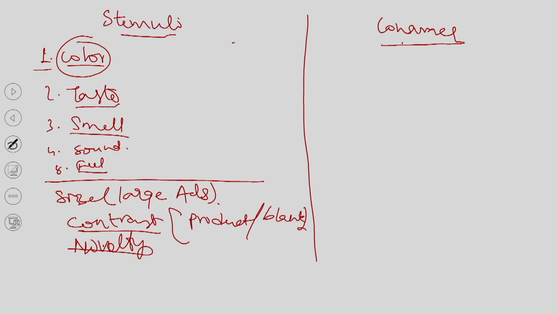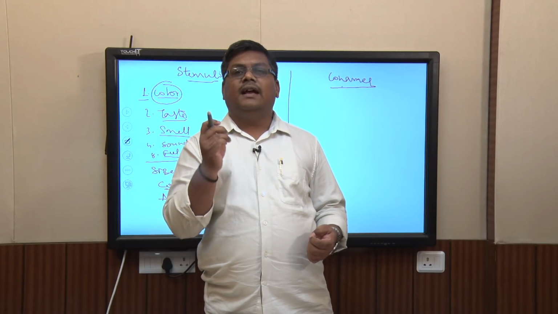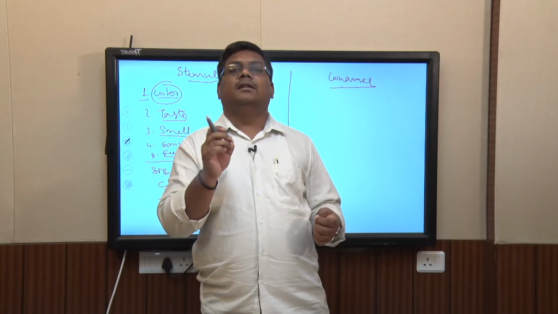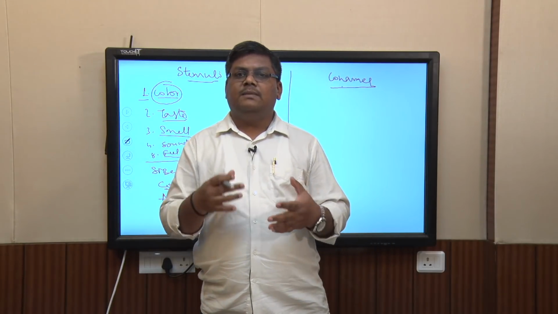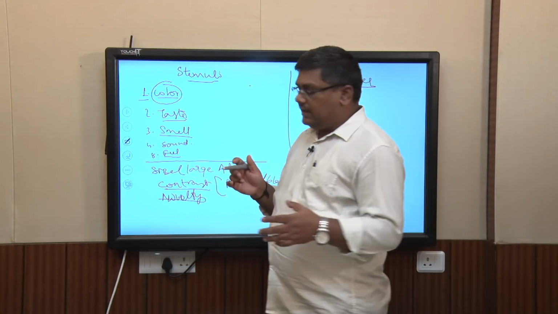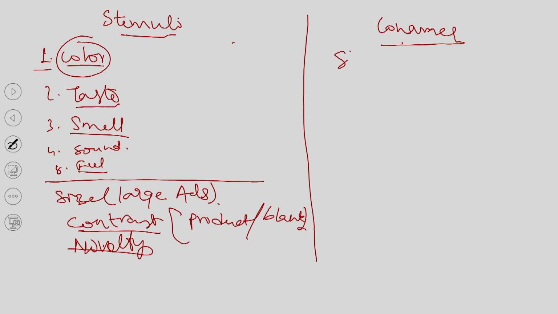Now, there are some consumer related features also, which decide how the consumer goes about deciding, or basically how the consumer behaves in the marketplace. These features are broadly classified into stimulus discrimination and stimulus generalization.